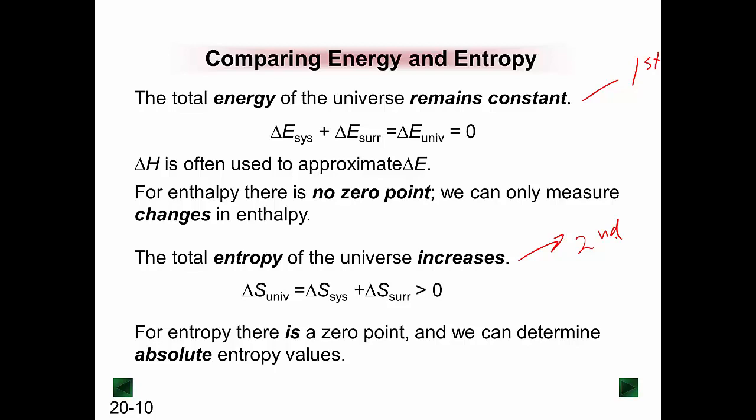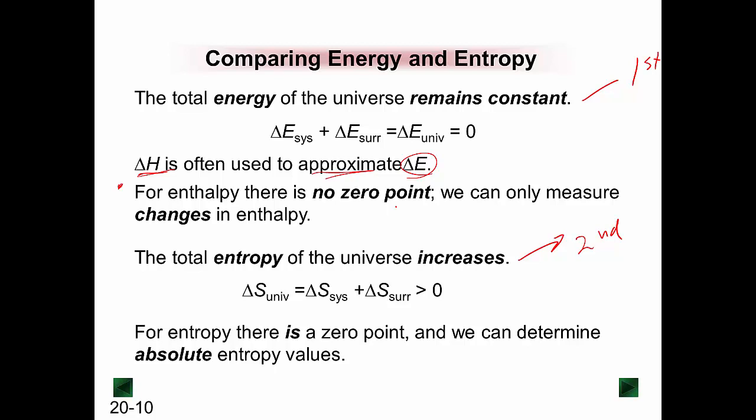Now, the difference between total energy and total entropy is interesting for these two points here. When we talk about energy, delta E, we oftentimes will use enthalpy to approximate it. And for enthalpy changes, it turns out there's no zero point. We can only measure changes in enthalpy.